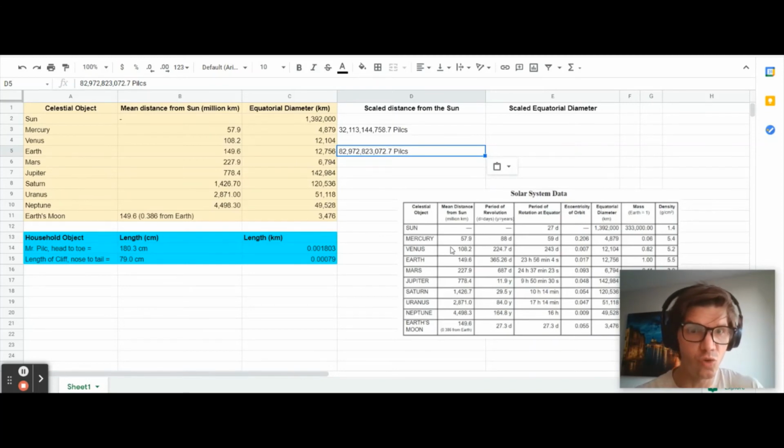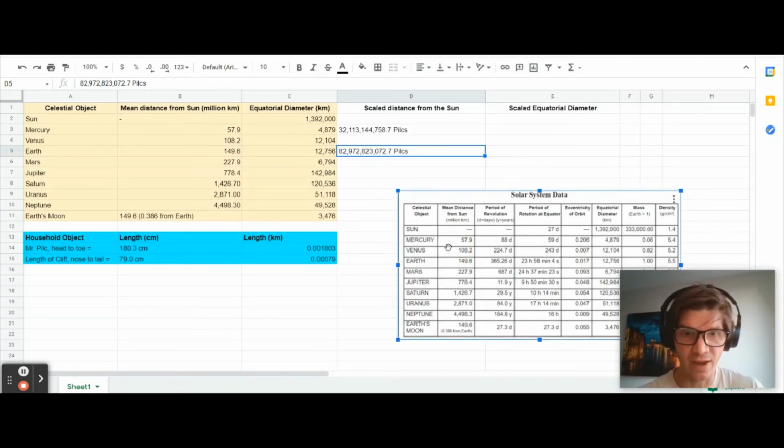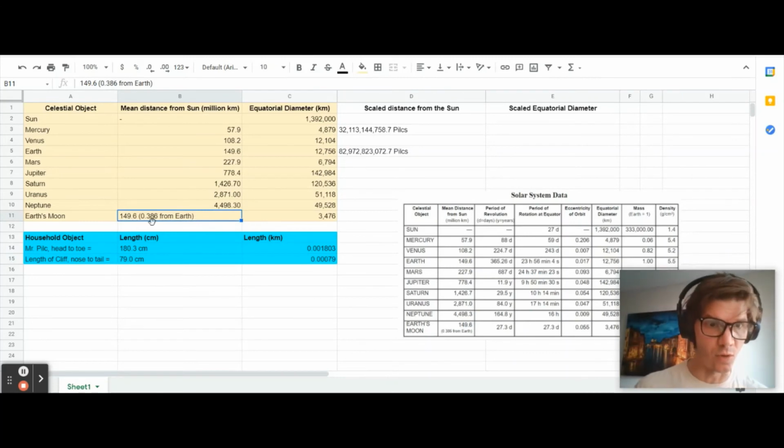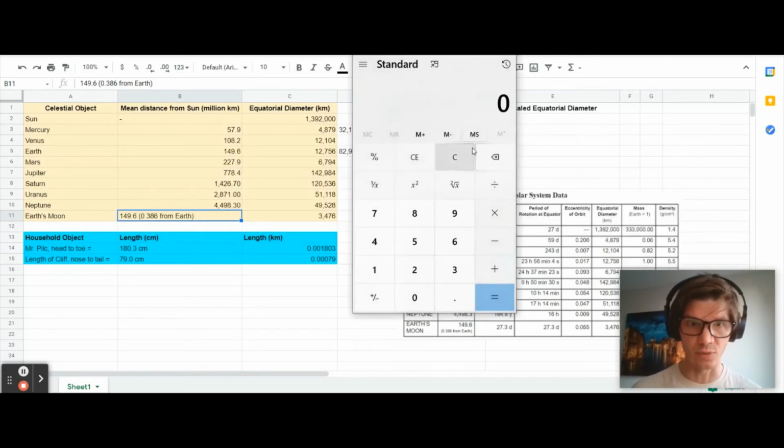We could do one more. We can find out how many cliffs it would take from nose to tail to stretch from the Earth's surface to Earth's moon. So it says here in this table that the moon is 0.386 million kilometers from the Earth. Let's plug that into our calculator. 0.386 times 1 million.